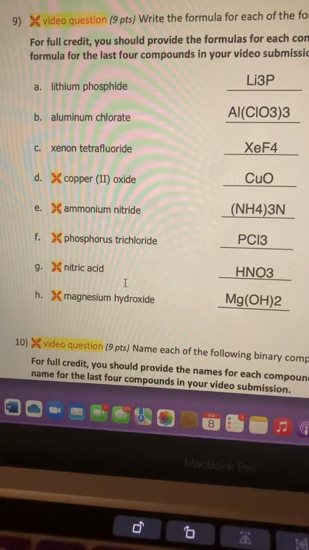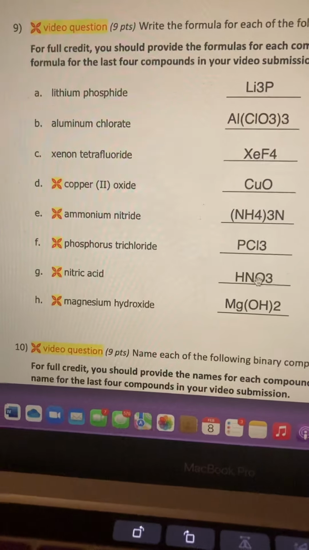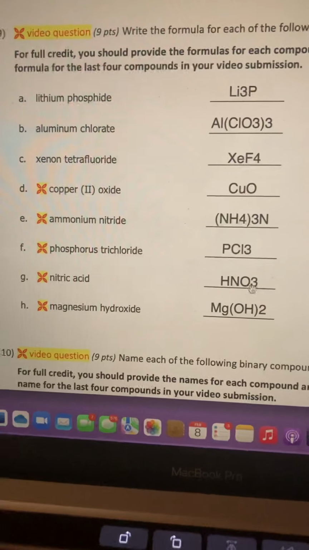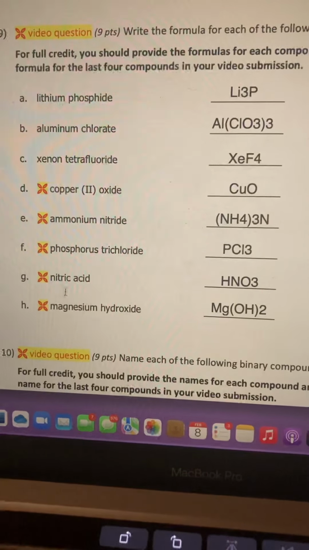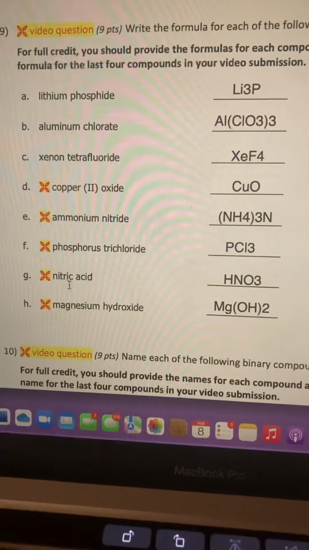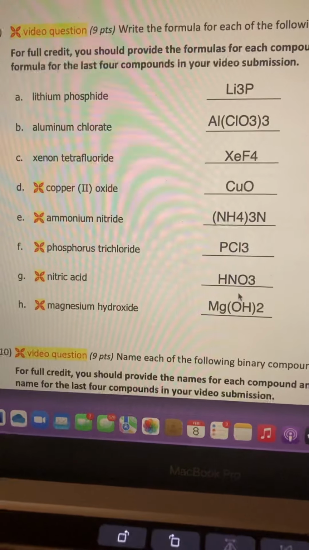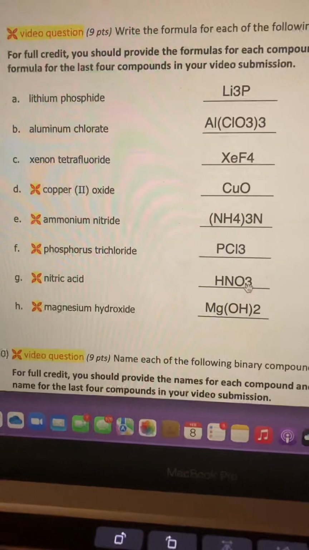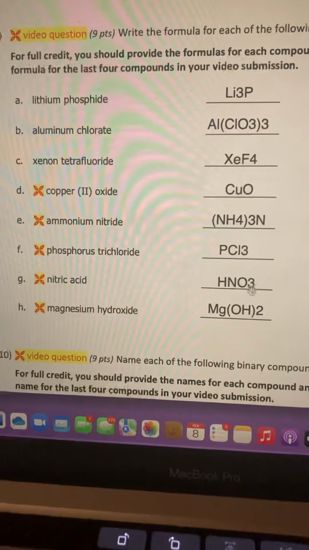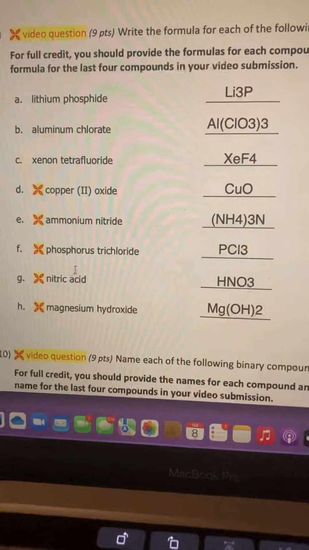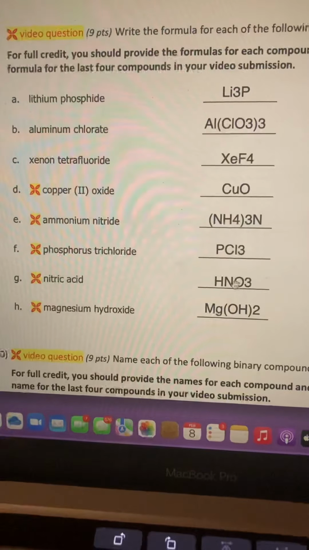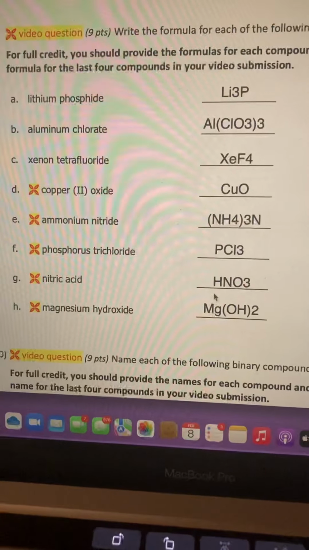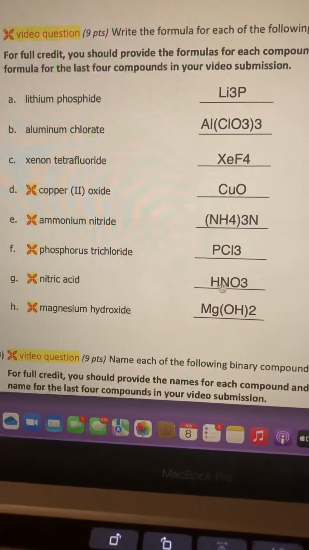Nitric acid. I know nitrate is NO3, and there's a rule where it's ic, the number of, if it's ic, it doesn't change the nitrate, and for it to be an acid, you need a hydrogen, right here.